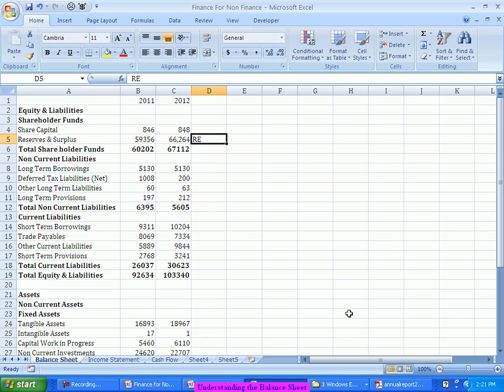It is nothing but, how does it work out is, any company, when it starts its business, there is some capital that goes into it, right?